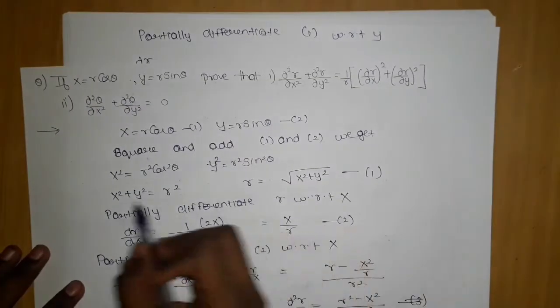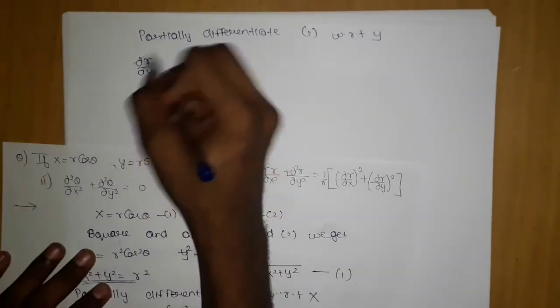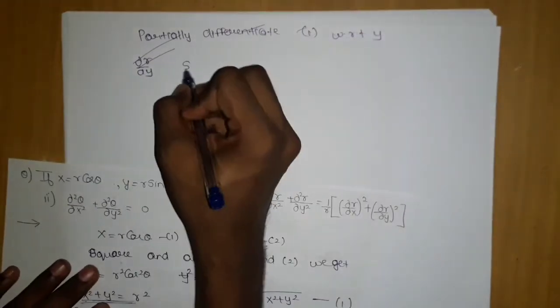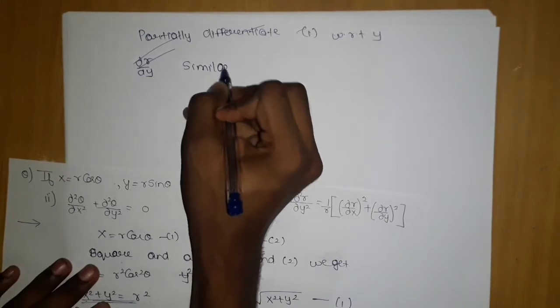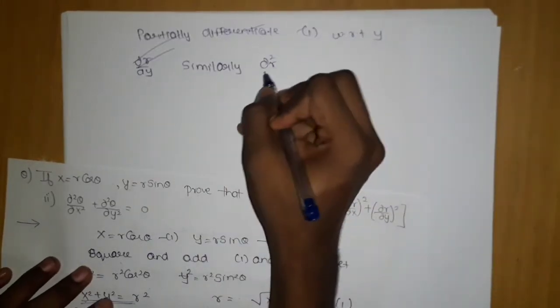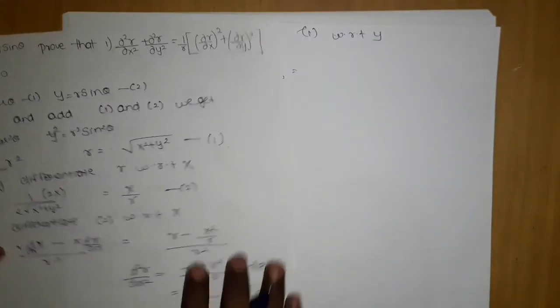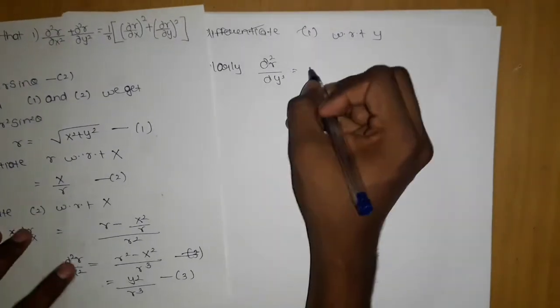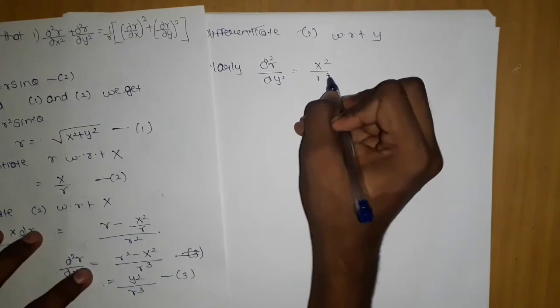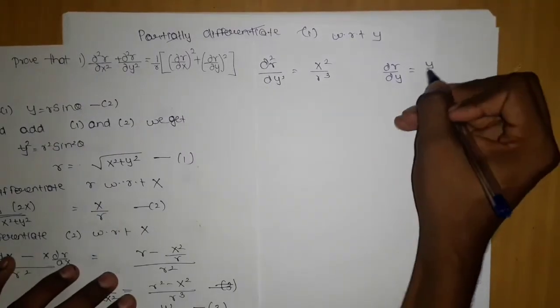This function is symmetric, so we don't need to do this step. We can directly write similarly dou square r by dou y square will be nothing but, since here it was y square by r cube, it will be x square by r cube. And dou r by dou y will be, since it was x by r, it will be y by r.